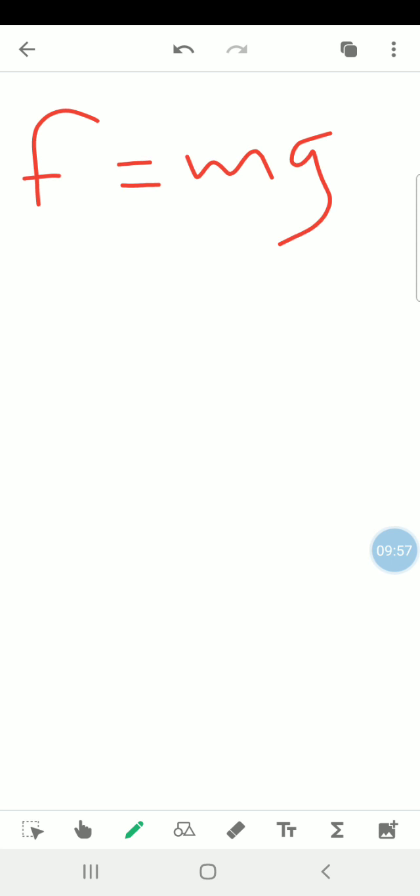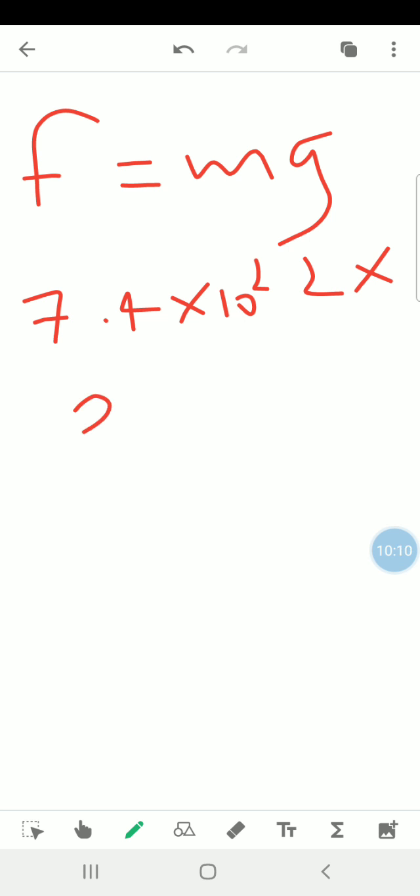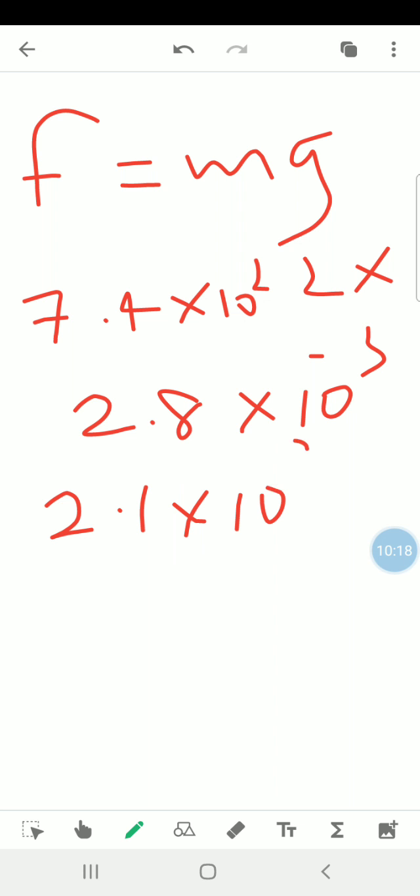The mass is 7.4 into 10 to the power 22, and g we just calculated, 2.8 into 10 to the power minus 3. The force is going to be 2.1 into 10 to the power 20 newtons.